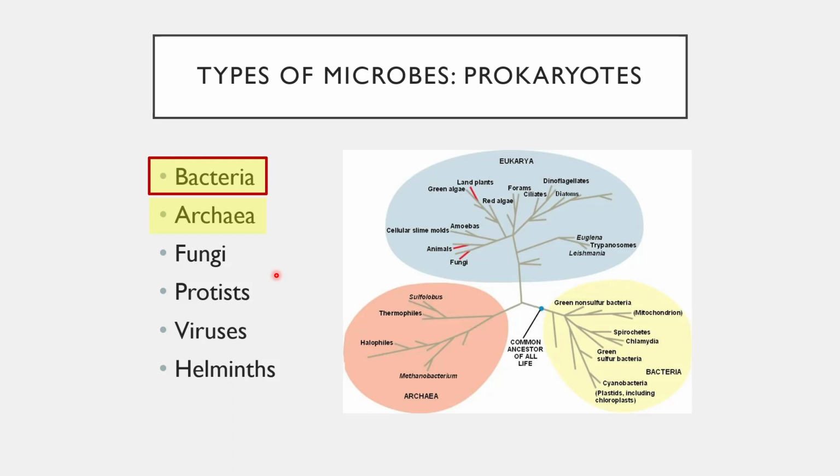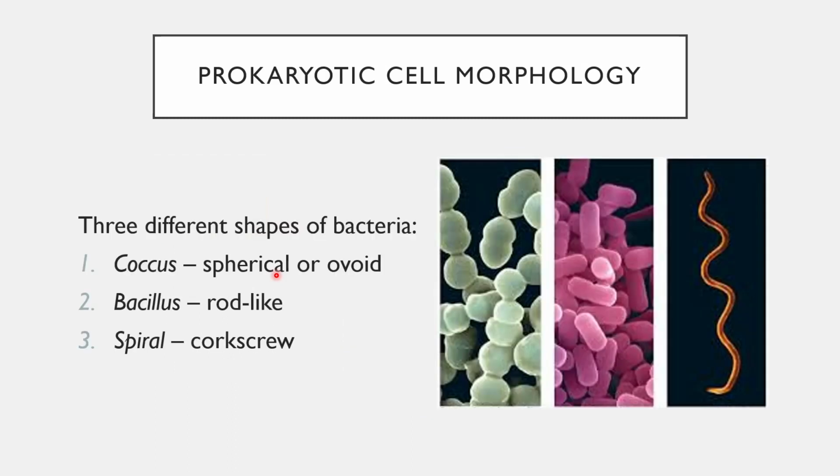And I'll remind you also that when we talked previously in Chapter 1 about bacteria, we noted that there are 3 main shapes that bacterial cells can have. Those were the coccus, cells that are spherical or ovoid in structure, bacillus, ones that are rod-like, and spiral ones, the ones that are corkscrew shaped.